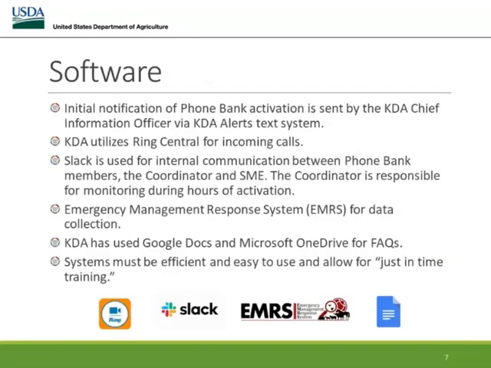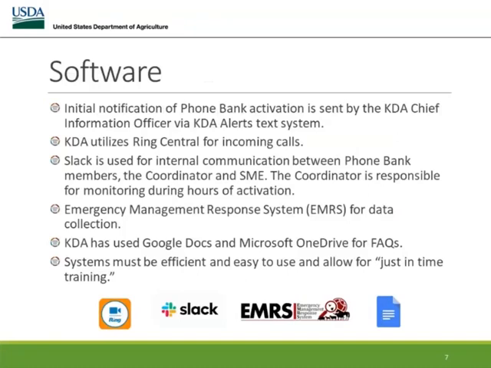The Department of Ag has looked at a couple of different ways to utilize our phone bank and software. We utilize a KDA alert system for notification of our phone bank for activation. We utilize Ring Central for our incoming calls.